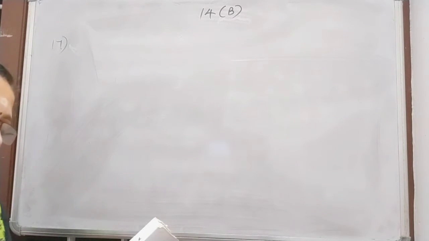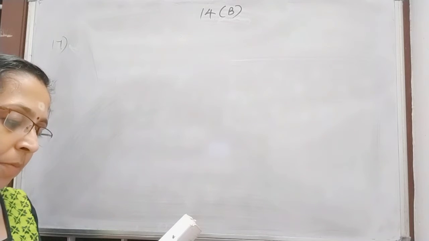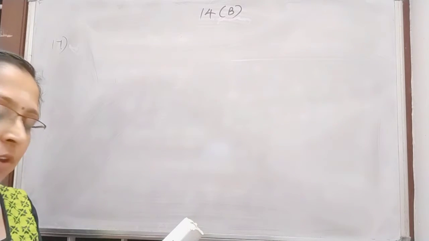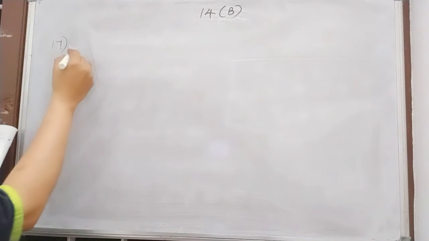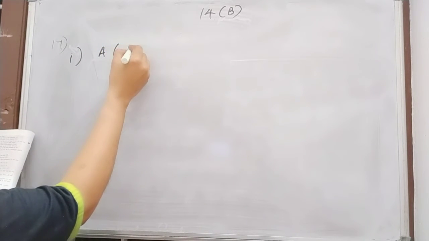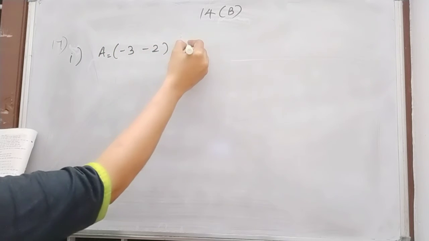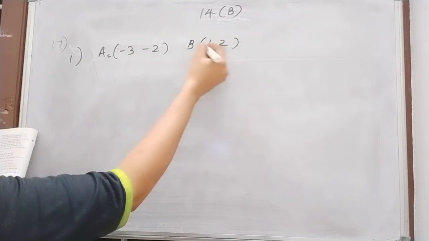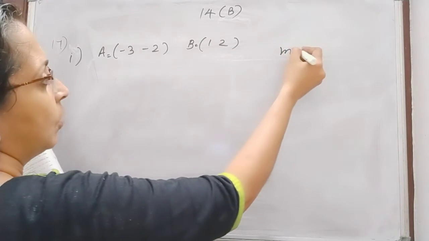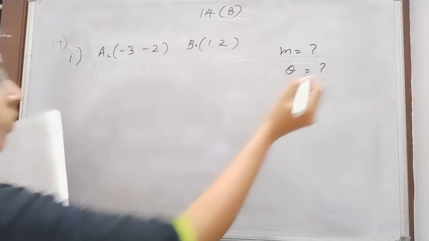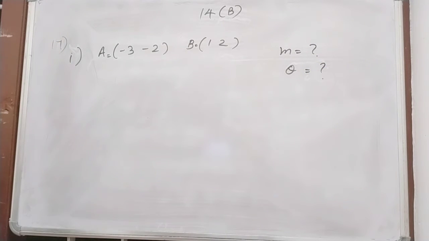17th question. Find the slope and the inclination of the line AB if, first one, A is negative 3, negative 2 and B is 1, 2. We have to find the slope M and the inclination theta. We know slope is equal to y2 minus y1 divided by x2 minus x1.